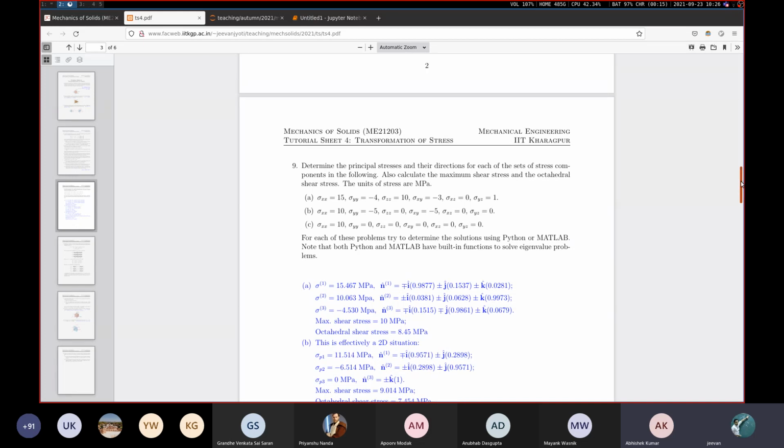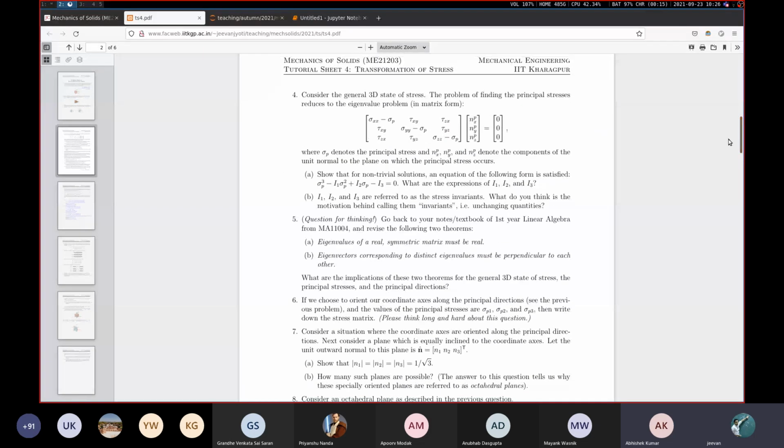Note that in the two-dimensional case, proceeding from that eigenvalue problem only, we were able to determine the expressions of the unknown principal stresses, like the sigma p expressions. The only difference here is that instead of a 2x2 matrix, we have a 3x3 matrix.